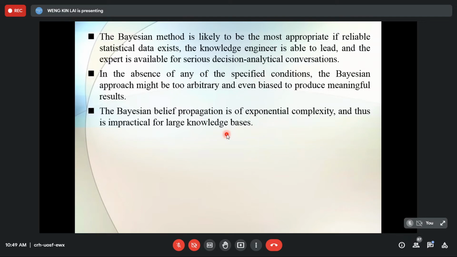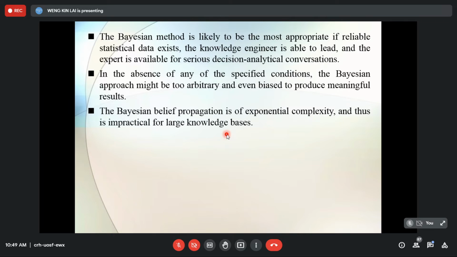So one of the things is that if you want to use Bayesian, make sure that the domain expert has the time to talk to you, to discuss, to share his or her views of the outcome of such certain rules. In the absence of any of the specified conditions, the Bayesian approach might be too arbitrary and even biased to produce meaningful results.